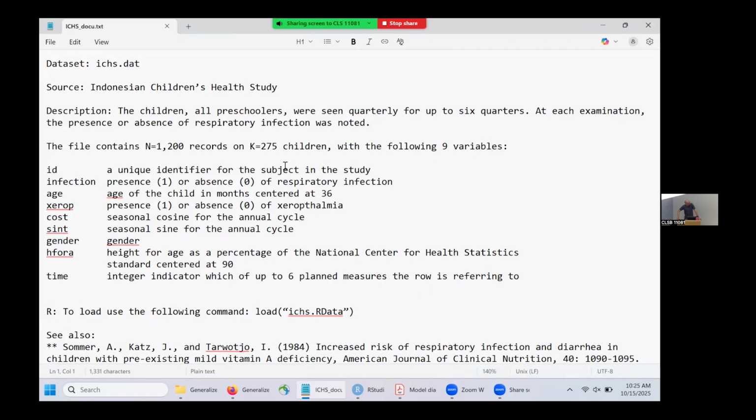And the main predictor was this thing, which is in our list of variables. It's listed as xerop, and it's short for xerophthalmia. It's related to your eyes, and it's a problem with your eyes that can lead to blindness if it's untreated. But the researchers for this study were using it as an indicator of vitamin A deficiency.